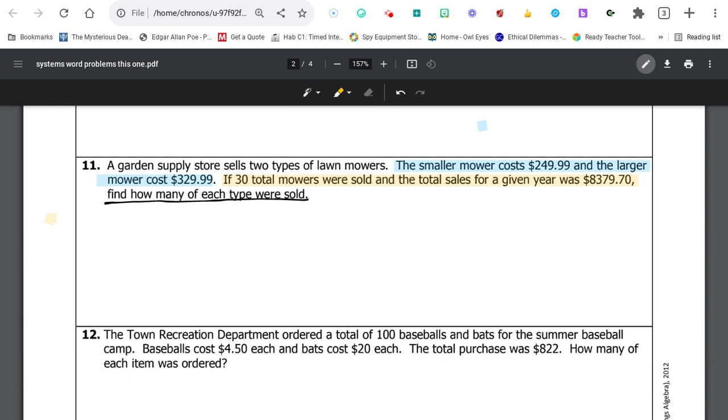So how many small mowers and how many large mowers. Okay, so I'm going to let X be the number of small mowers. And you could have let Y be the number of small mowers, I don't care. All right, I'm going to let Y be the number of large mowers.